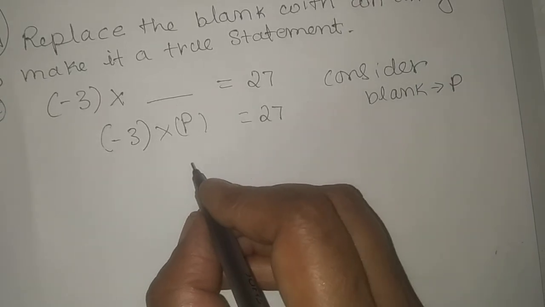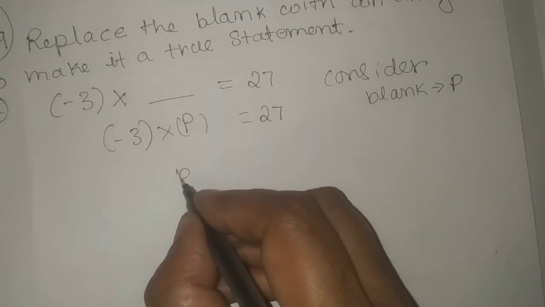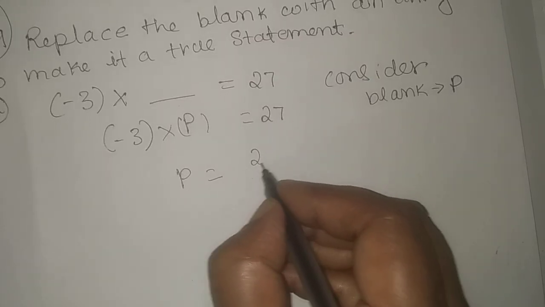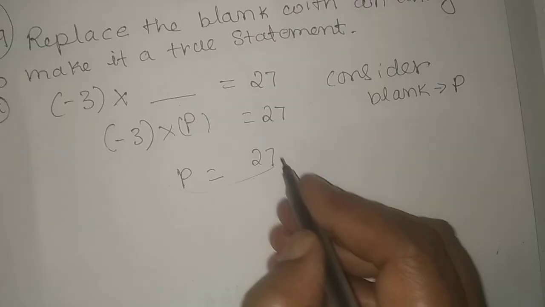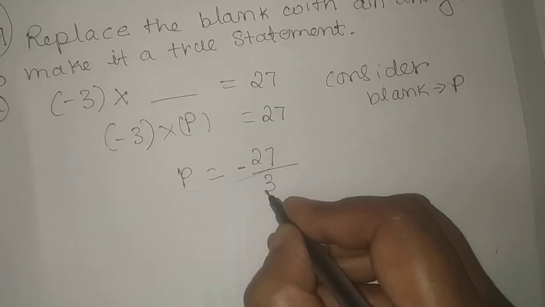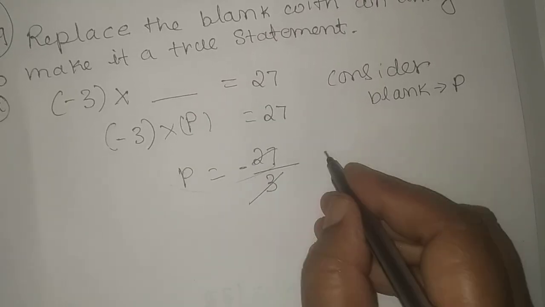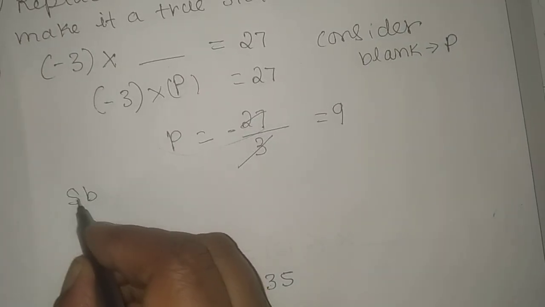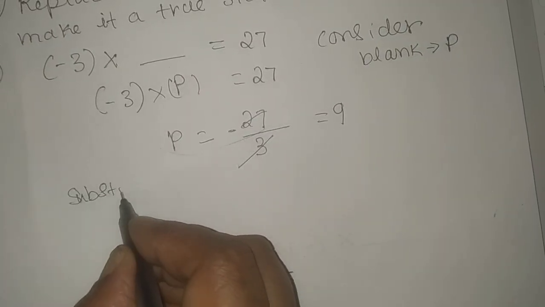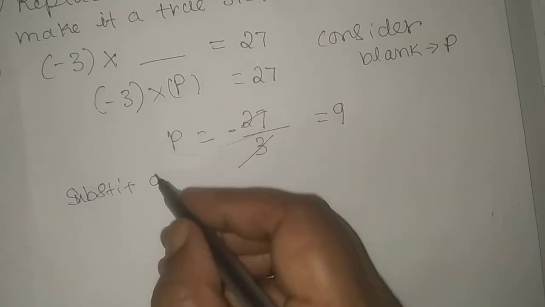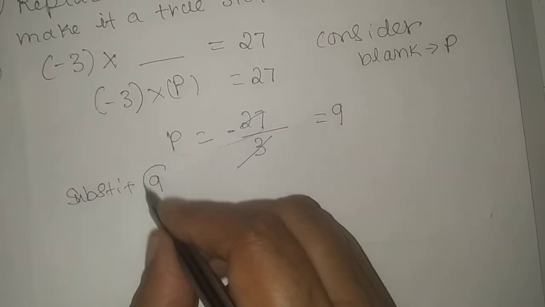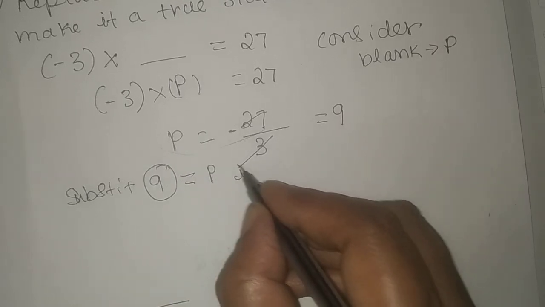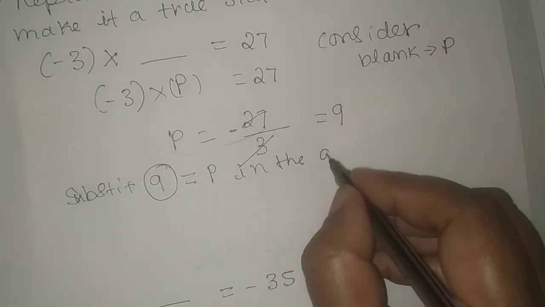Next, P is equal to, simplify this, 27 by minus 3 comes here, means write minus here, 3 ones are 3, 3 nines are 27. Therefore now substitute 9 in the above equation. 9 is equal to P in the above equation.